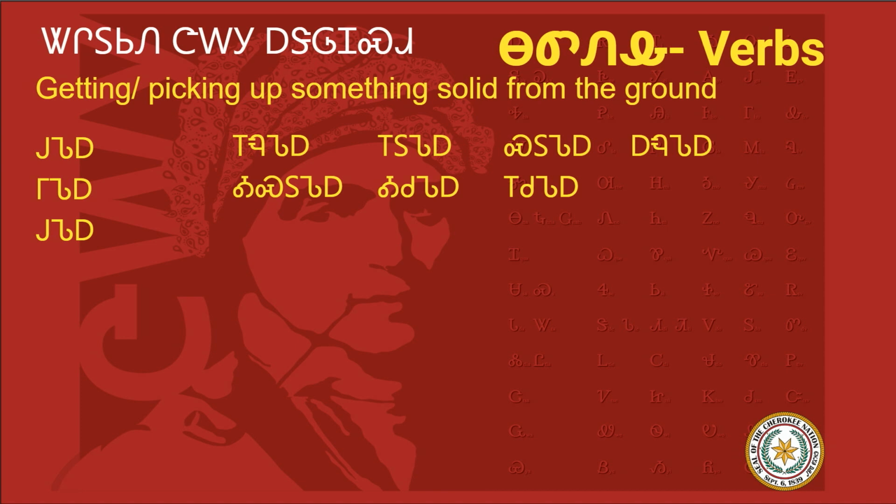Okay, we gu, te would be like I'm going over there to pick it up. Okay, hu, te. You're going over there to pick it up. We gu, te. He or she is going. Okay.